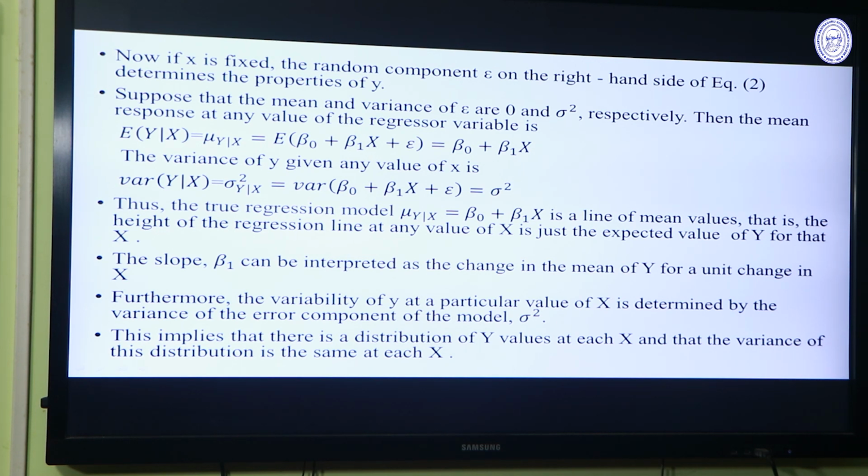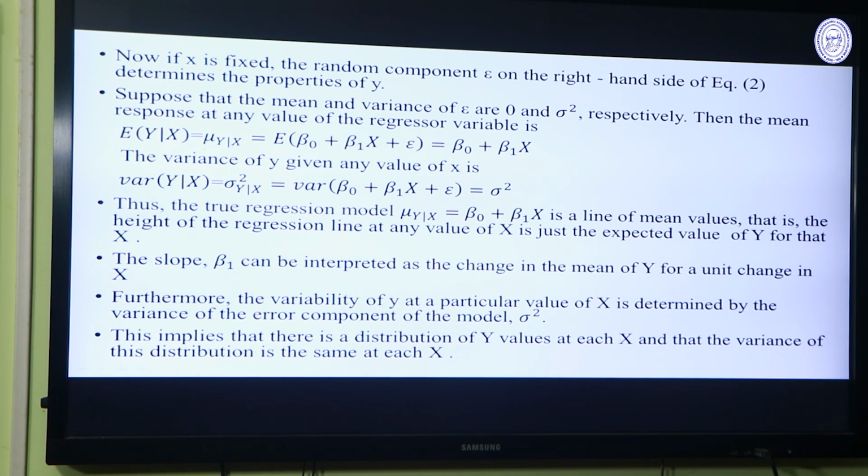That is expected value of, now put the value of the right hand side of the equation in it, beta 0 plus beta 1 x plus epsilon. In case of expected value, in case of the mean value, we all know that the point will lie on the blue straight line. So, there will be no error. So, error will be 0. That is why it will be beta 0 plus beta 1 x.